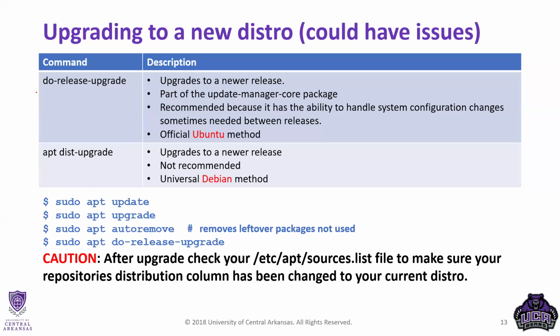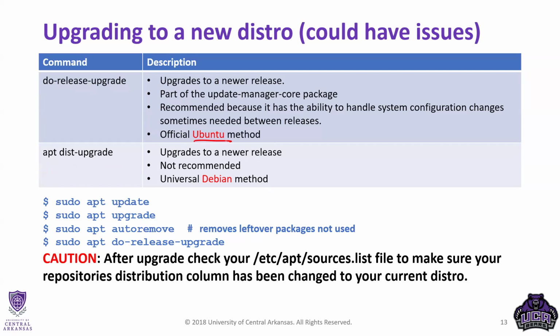Now, as you can see, there are two different methods right here. Whatever flavor of Linux you are running, first look up and see if they have an official way of upgrading instead of using a universal method. Debian has its own method, which works great on a Debian system. But if you have a system that is based off of Debian and is not Debian itself, go ahead and look up.